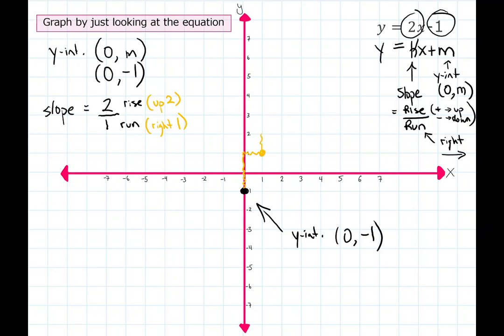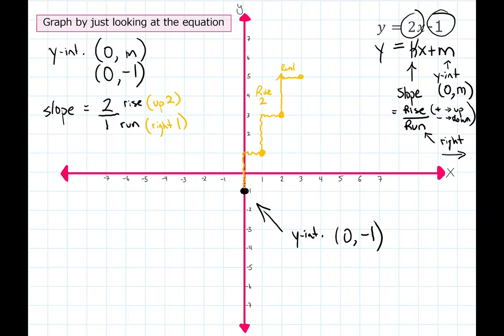You notice it kind of looks like a staircase going up because there are two movements. We need to rise 2, need to run 1. And you can continue this until you feel it's enough.